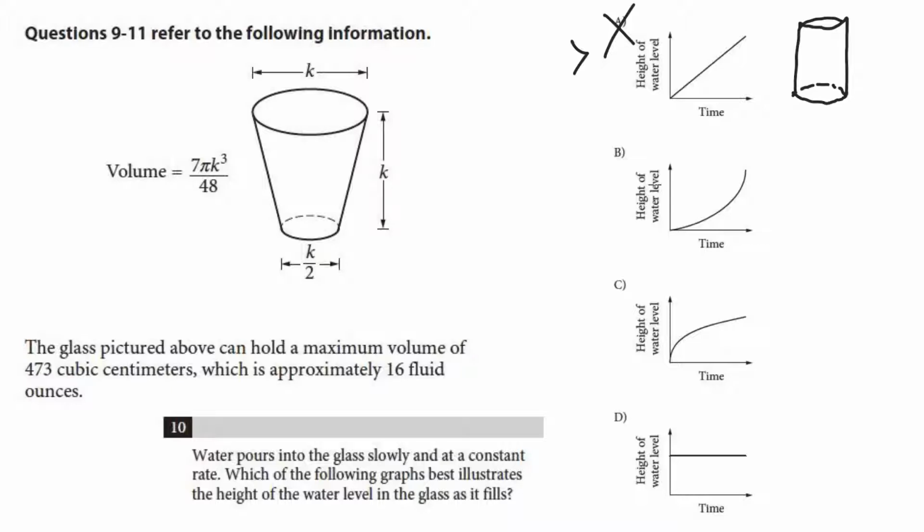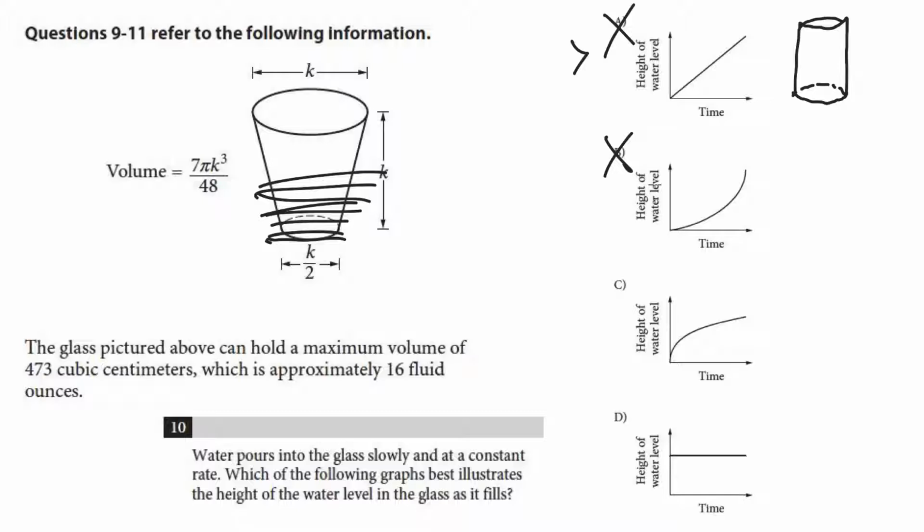Well, there's less volume on each level at the bottom, as it goes up, the volume of each layer gets greater and greater. So it's going to take more time to fill up as the water level increases. So B would not be accurate.